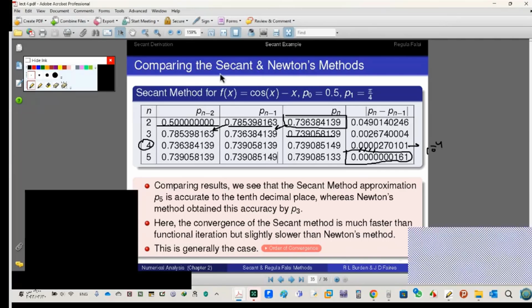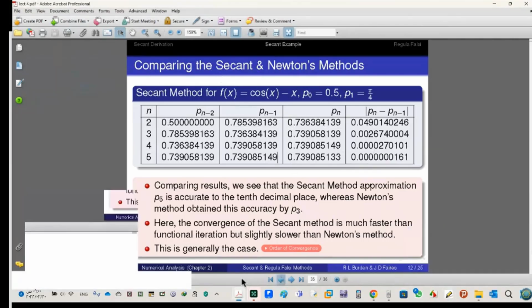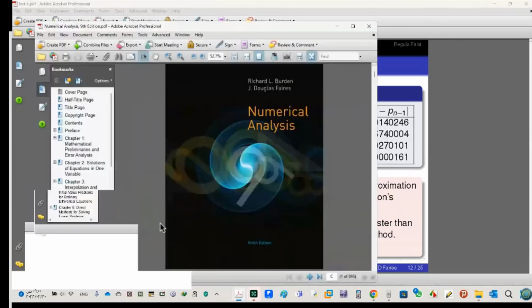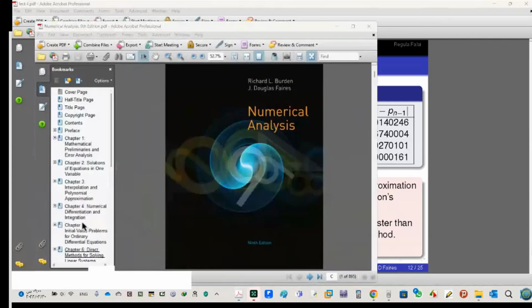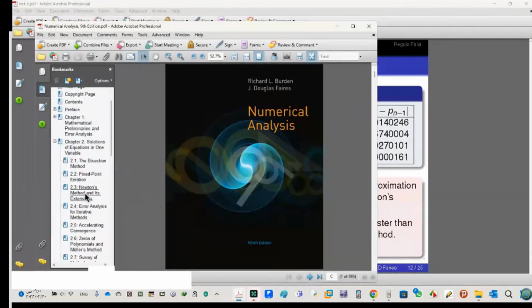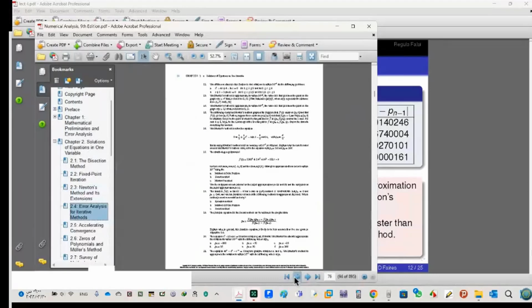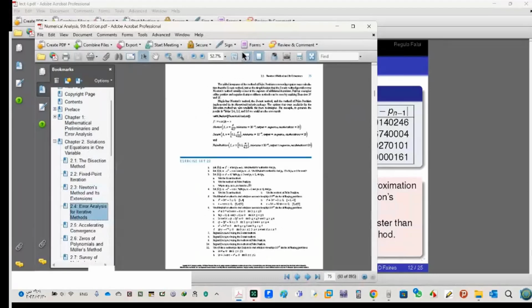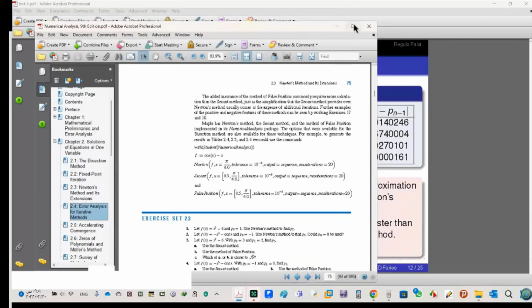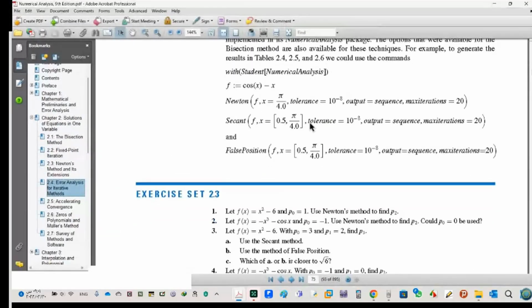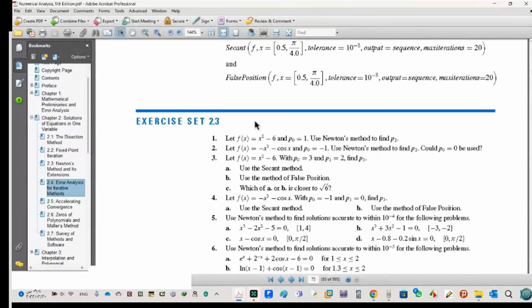Now, let's go to your book. In your book, this is your book, chapter number 2, Newton method, and let's go to the questions. In your book, see here, also for this question, for this method, we have two ways.